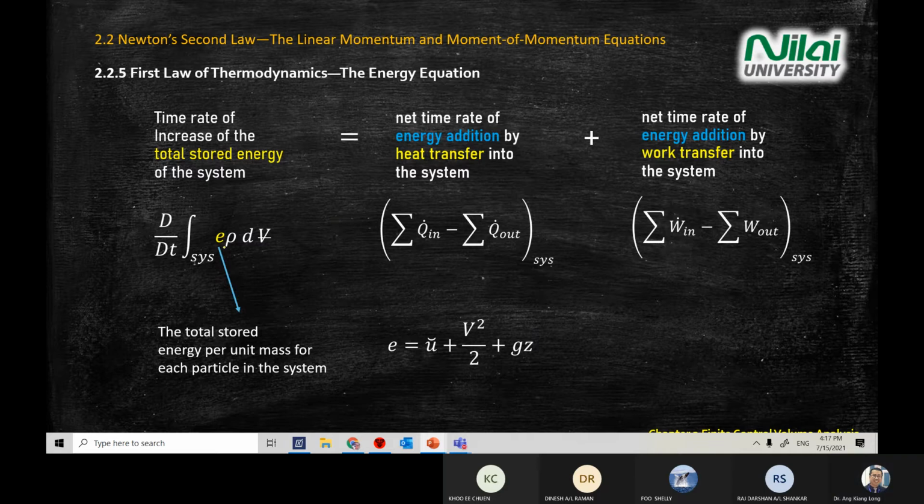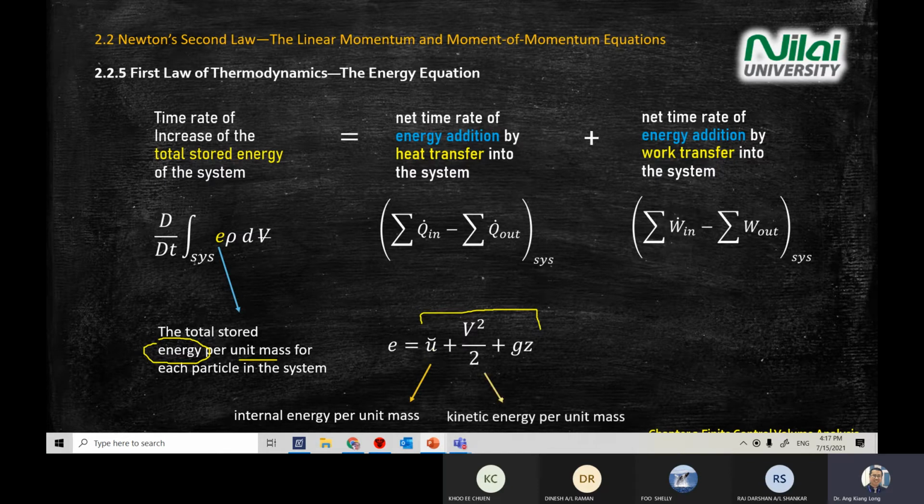Then this E that we see in the beginning is the energy per unit mass, which is equal to u plus V squared divided by 2 plus gz. What does it mean? It means these are the three types of energy that we discussed just now. The first one is internal energy.